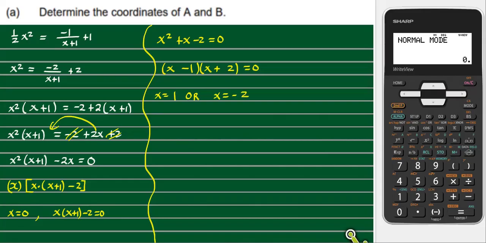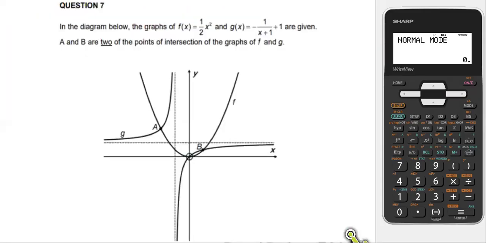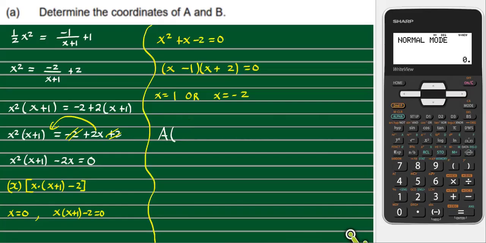All right, so let's work with A first. Let's see, where is it located? A is far left, 3 points of intersection: B, origin, and also A. A must be the -1. It will be -2, semicolon, to get the y.